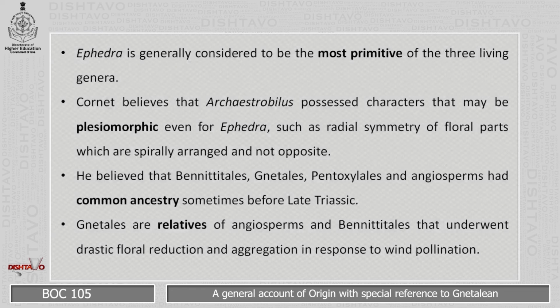He believed that the Bennettitales, Gnetales, Pentoxylales and Angiosperms had common ancestry sometime before the late Triassic. Gnetales are relatives of Angiosperms and Bennettitales that underwent drastic floral reduction and aggregation in response to wind pollination.